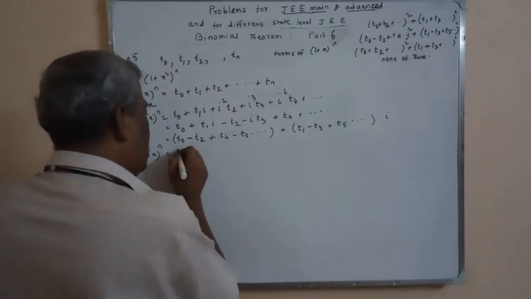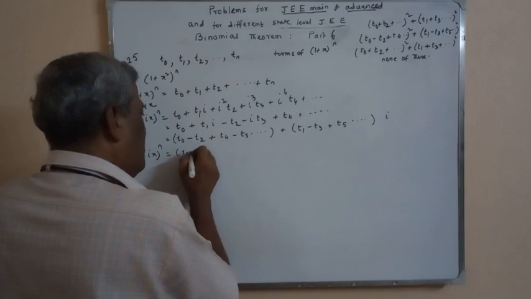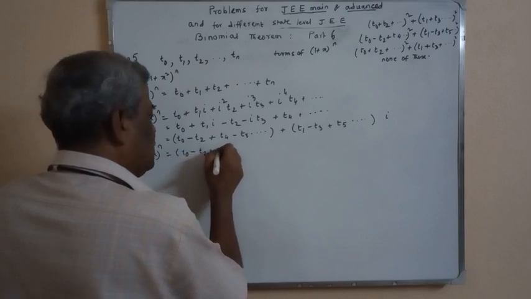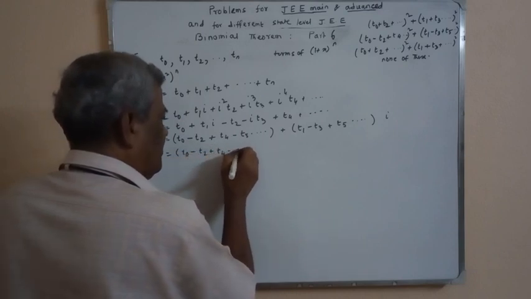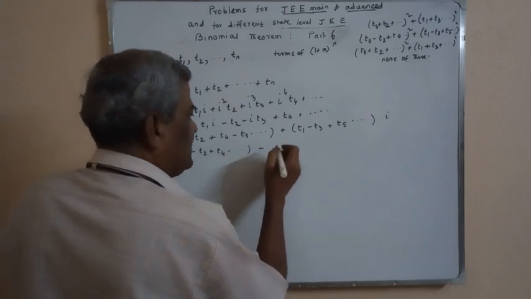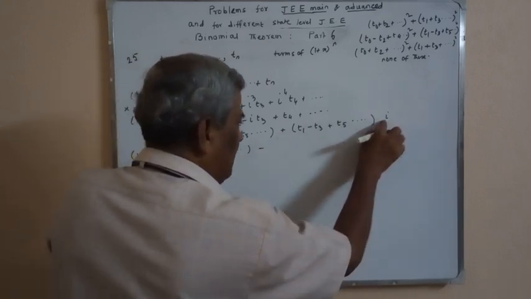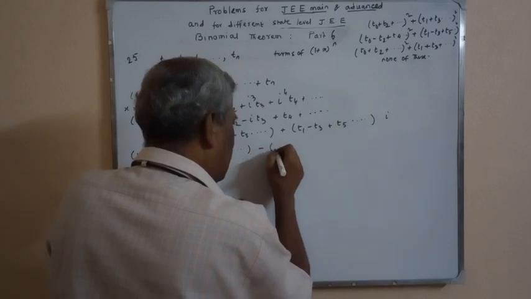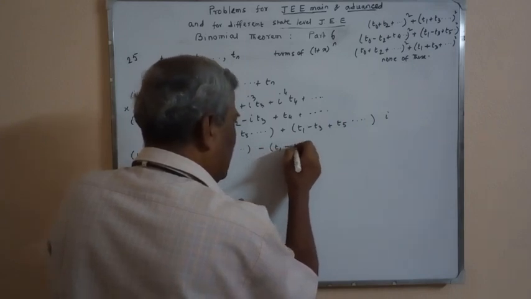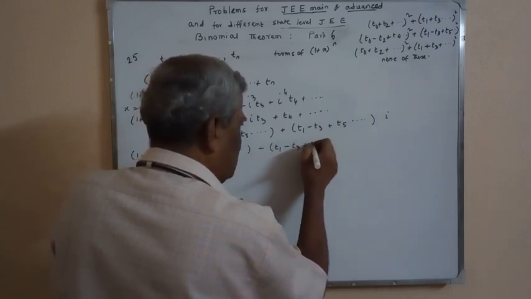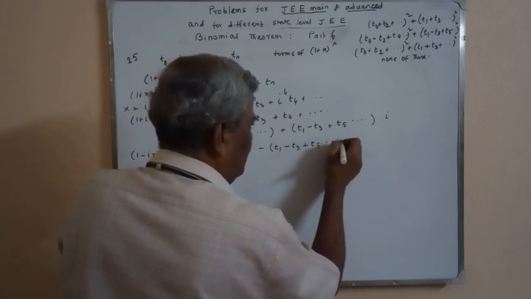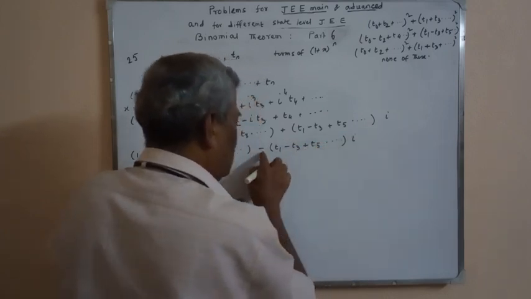So it is equal to T0 minus T2 plus T4, minus i times T1 minus T3 plus T5, with negative sign.